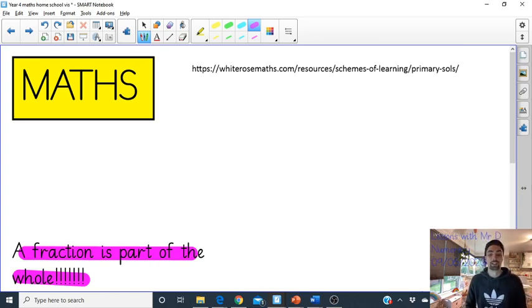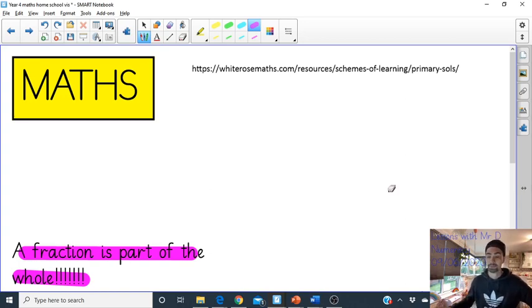It's just part of a whole, and your whole can be anything from the pizza and the cake that you usually think of with fractions, or it can be a number, or it can be a thing, and a part of that whole is the fraction. And another thing to keep in mind is that those parts are equal parts.